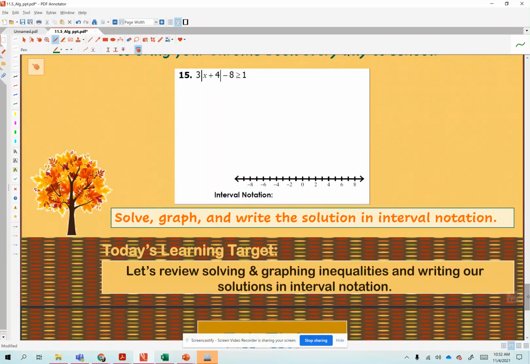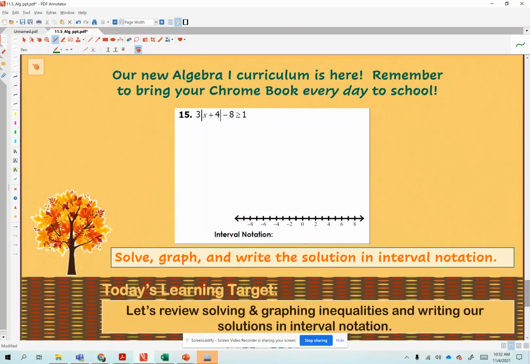The first thing we want to do here is I would first add 8 to each side, which gives me 3 times the absolute value of x plus 4 is greater than or equal to 9.